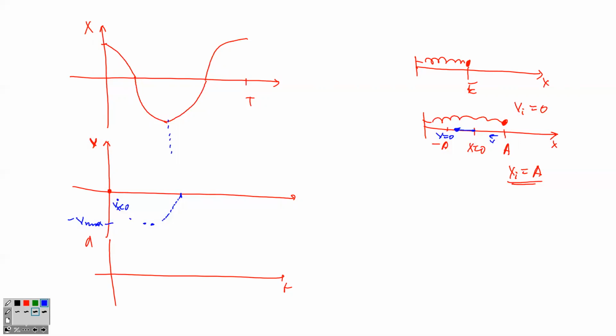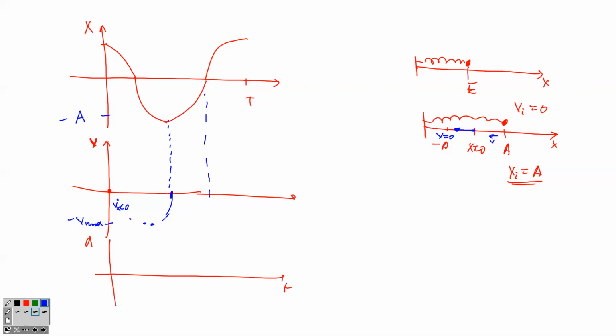When the displacement is at the maximum, there is no motion. The speed is 0. But it keeps traveling.